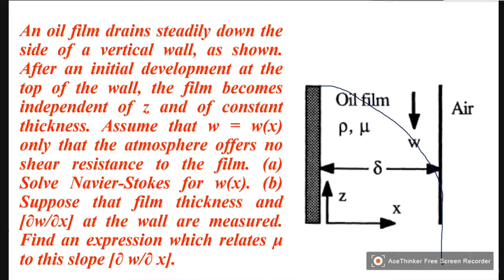Assume that W is equal to W of x only. So how the velocity will be varying? The velocity will be 0 here.